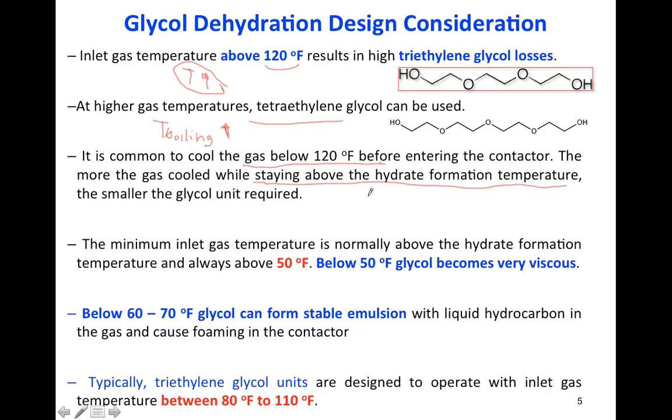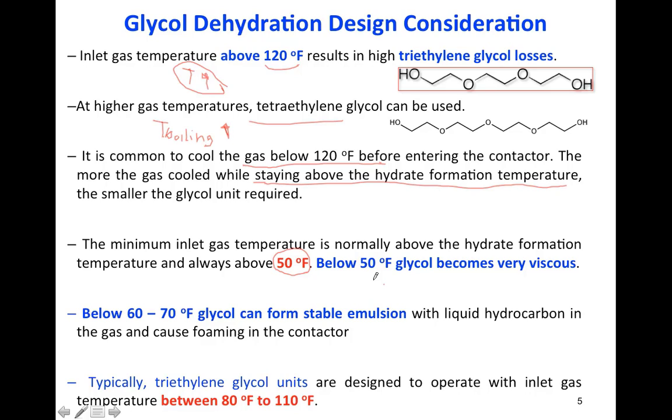So we have to be careful to stay above this temperature, but not too much, to avoid the formation of hydrate. So the minimum inlet gas temperature is normally above the hydrate formation temperature and is always above 50 Fahrenheit. 50 Fahrenheit is a temperature at which we can have hydrate formation. So we have to work above this temperature for our inlet gas.